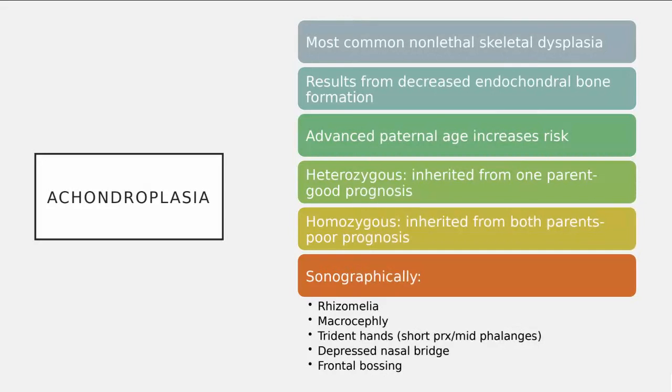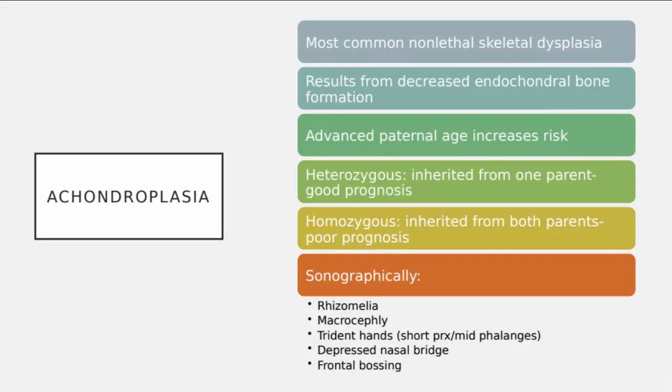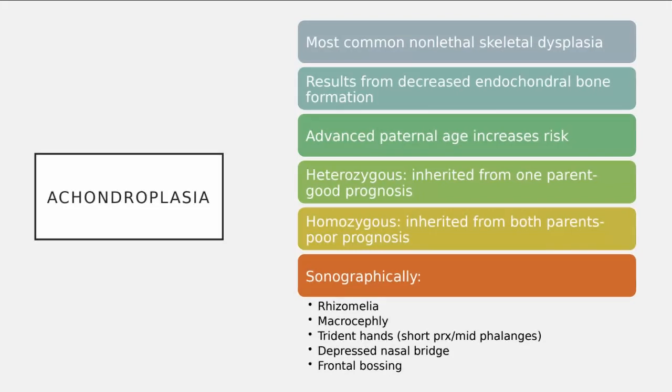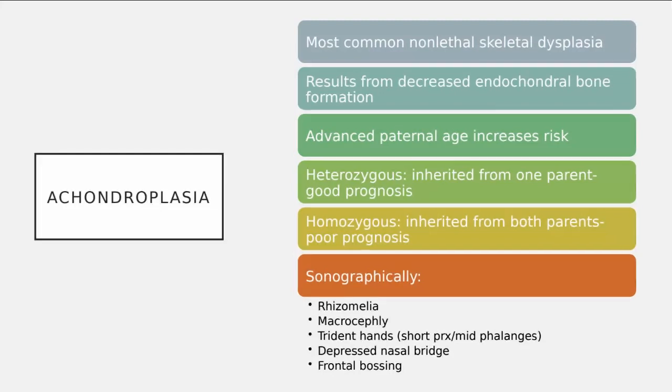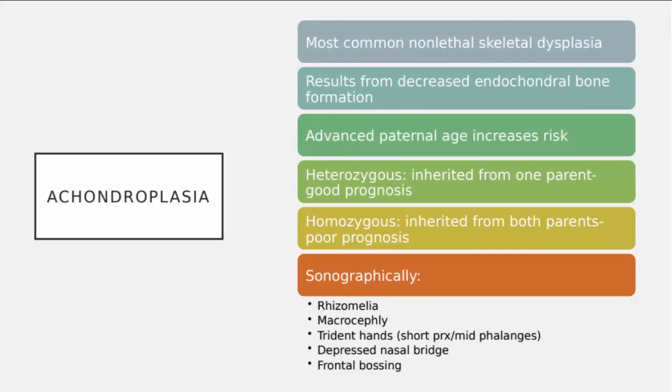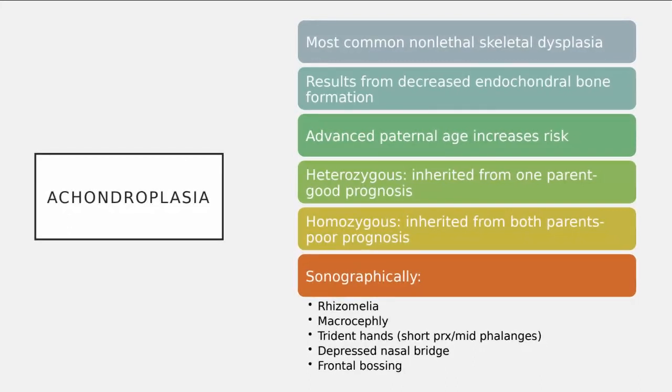You're going to have more complications along with that diagnosis of achondroplasia. So achondroplasia in and of itself is non-lethal. These people go on to live a very normal life. But if you happen to inherit this from both parents, that's when we run into more medical complications down the road for those patients with achondroplasia.